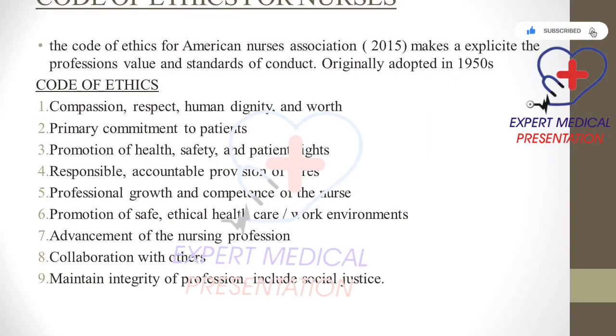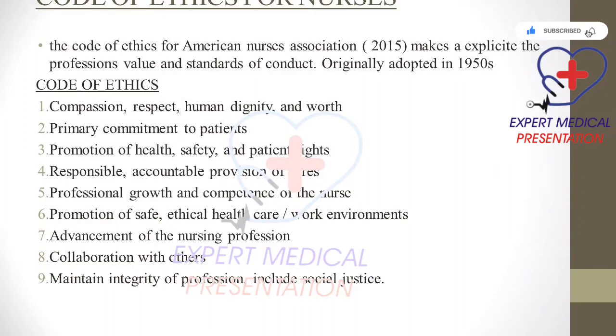Code of Ethics for Nurses. The Code of Ethics of the American Nurses Association, 2015, makes explicit the profession's values and standards of conduct. Originally adopted in the 1950s. Code of Ethics: compassion, respect, human dignity, and worth. Primary commitment to patients. Promotion of health, safety, and patient rights.